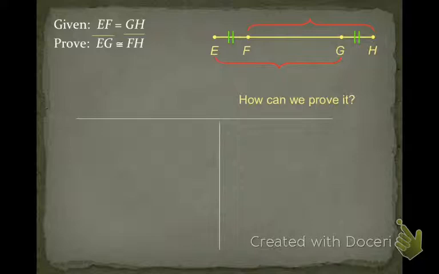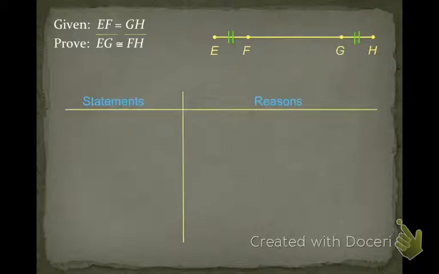We create a two-column proof, statements on the left and the reasoning on the right. The first statement is always going to be the given information. So the measurement of EF is equal to the measurement of GH. That's given. We're going to apply steps along this process to get to the final line of what we want to prove.